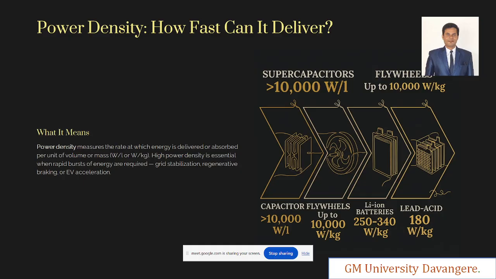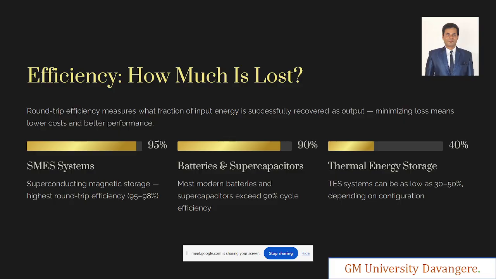And also especially in the case of regenerative braking, and for EV acceleration also, right. Where we want a quick start, during that time the power delivery should be much faster. So that's why we use capacitors in the grid stabilization as well as in the regenerative braking, right.